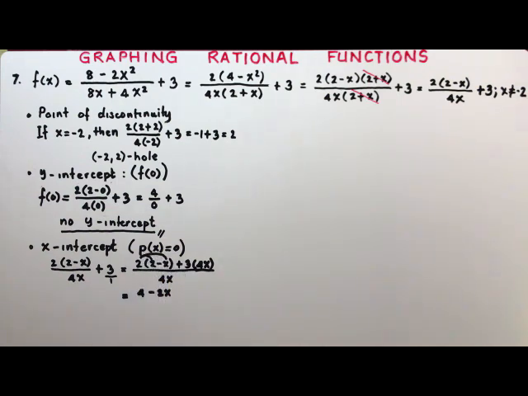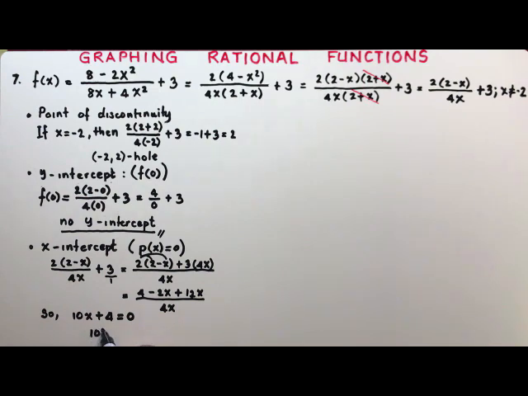So 2 times 2 is 4, 2 times negative x, that's minus 2x, and plus 12x divided by 4x. But here we need to set just the numerator. So we say that our numerator is 10x plus 4. Why? Because 12x minus 2x is 10x, and we still have 4 here. So 10x plus 4 is our numerator, and this is equated to 0.